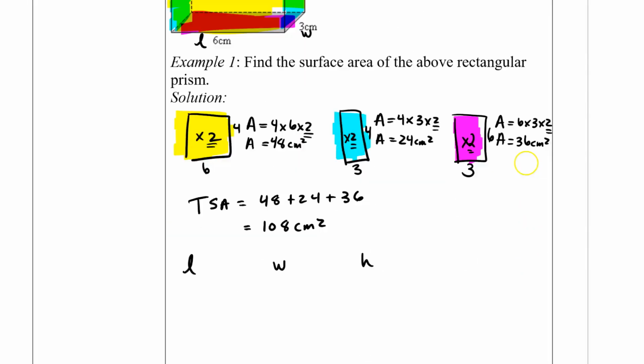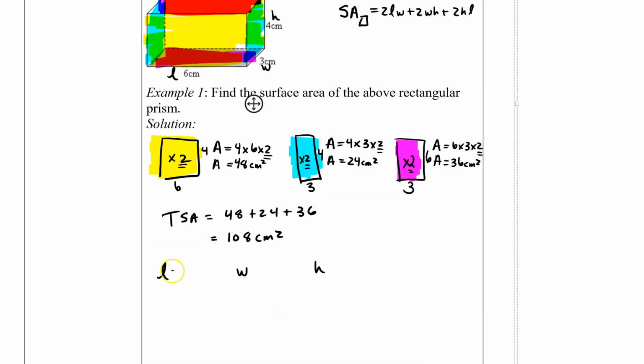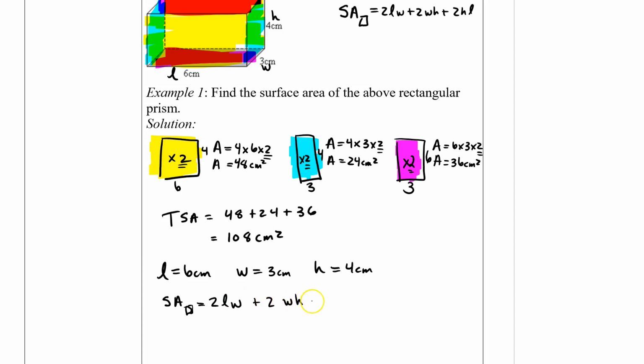So I'm going to copy down this information here. My length is 6 centimeters, my width is 3 centimeters, and my height is 4 centimeters. I'm just going to copy down this formula here. Surface area of a rectangular prism, that's kind of a sad rectangle, but I hope you see what I mean by that: 2 times length times width plus 2 times width times height plus 2 times height times length.